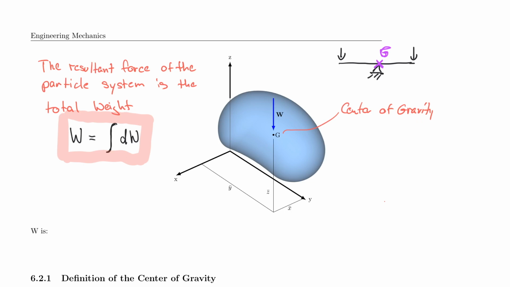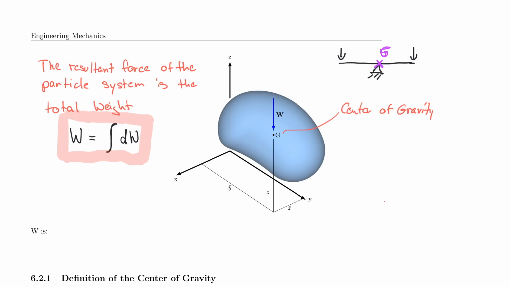Now let's notice another thing, and that is how G is represented here. It is given with these distances here, x bar, y bar, and z bar. So I need to write that down as well.